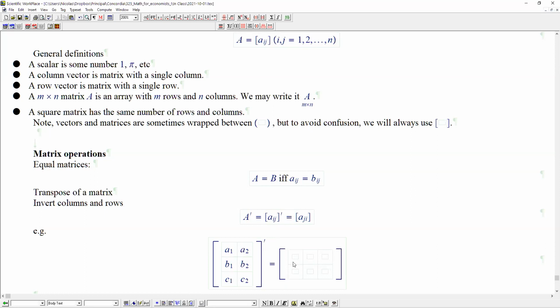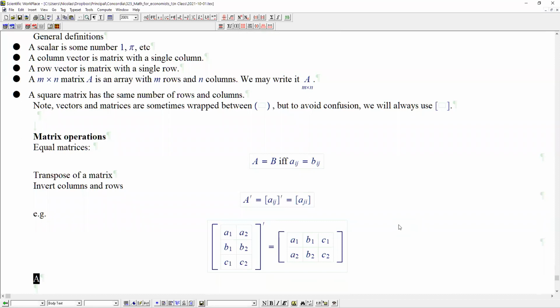Now I have 3 columns and 2 rows. And of course, A1 is still at the same place. B2 is still at the same place, but then A2 becomes here, B1 becomes here, C1 becomes here, and C2 becomes here. This is how you find the transpose.